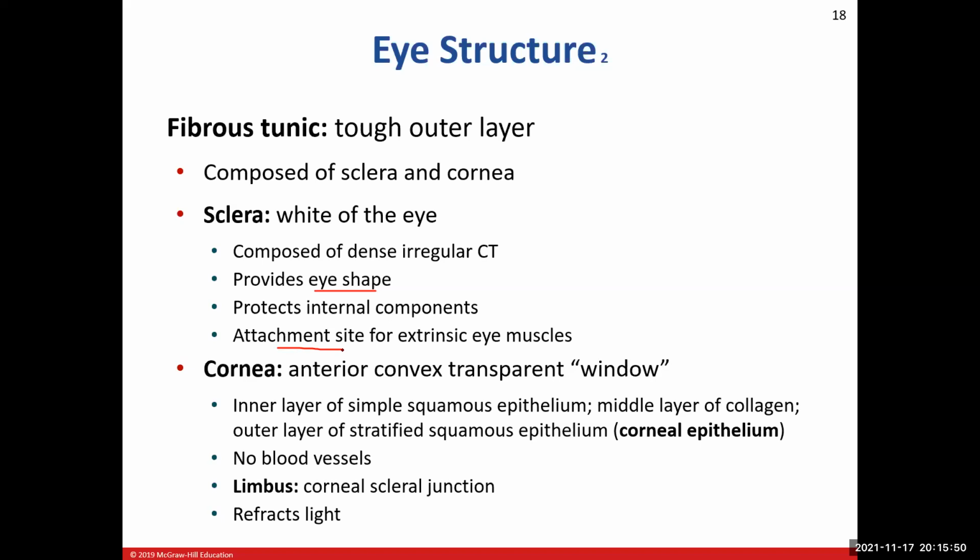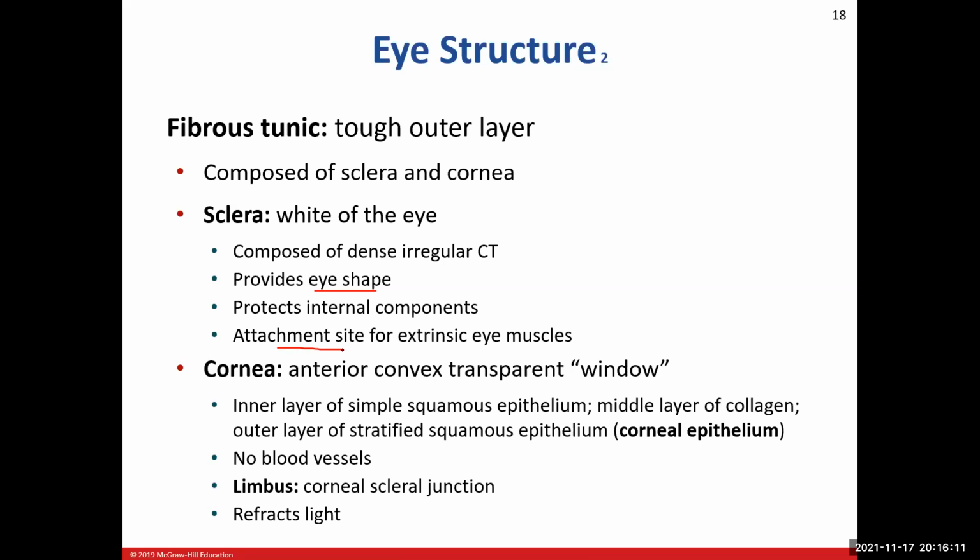Things get heaped upon it, like attachment for those extrinsic eye muscles so we can move the eye around, and it helps to give the eye its shape. Those are two pretty huge and important duties for the sclera when you're trying to discern the function of the eye.